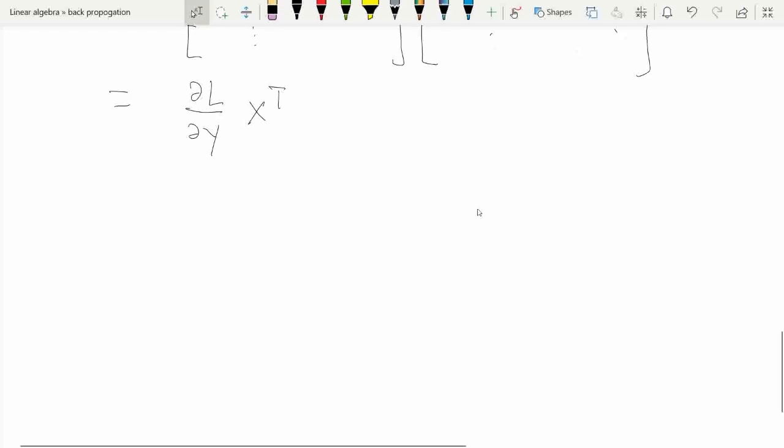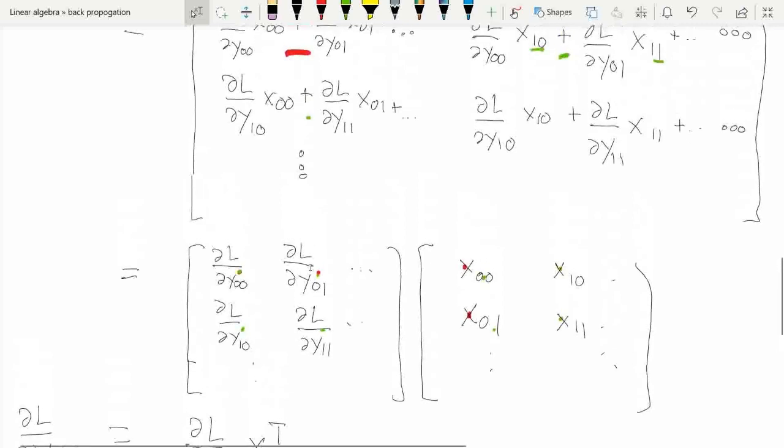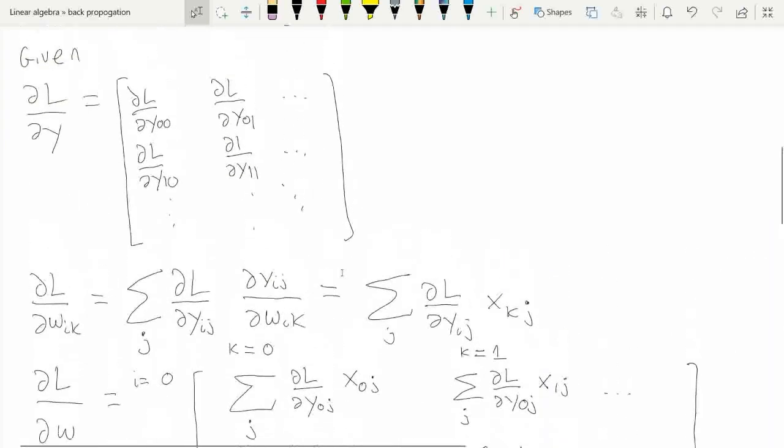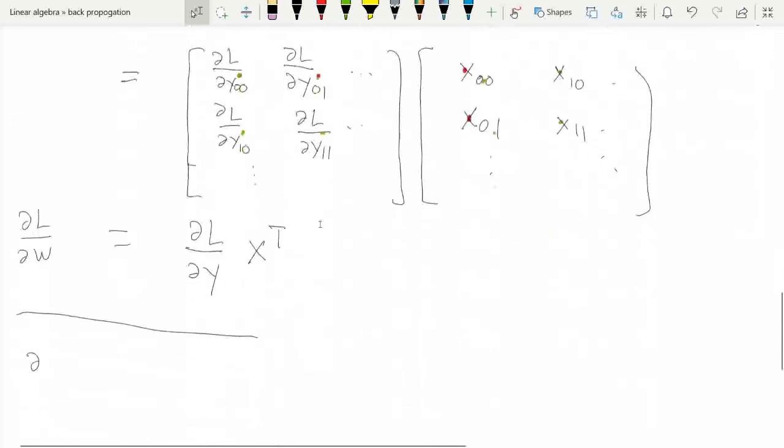So this is del L by del W. Next we want to find the partial derivative of L with respect to x. So we start off by finding the partial derivative of L with respect to one entry of x, say x kj.